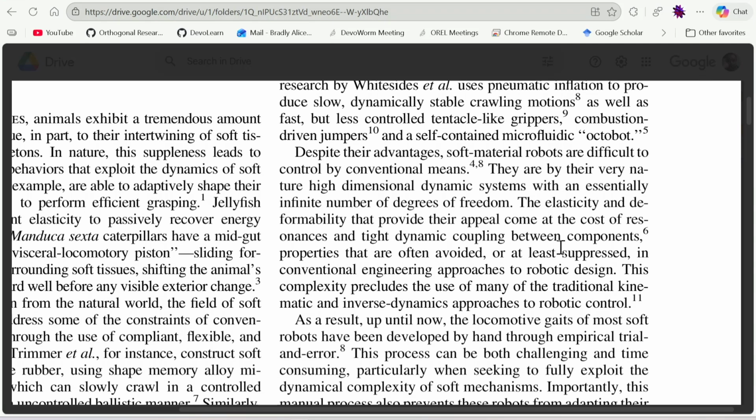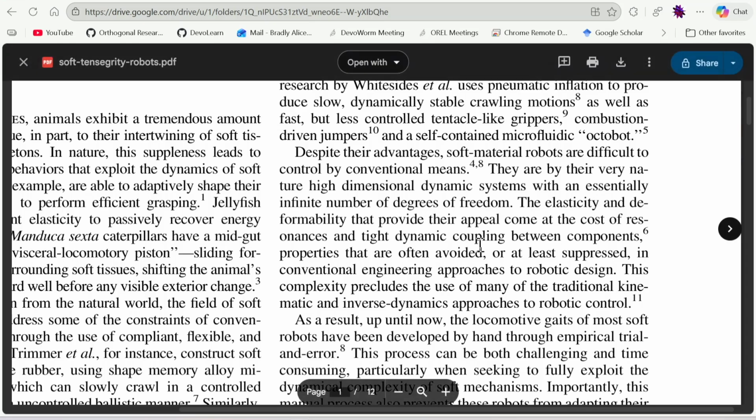They are by their very nature high-dimensional dynamic systems with an essentially infinite number of degrees of freedom. The elasticity and deformability that provide their appeal come at the cost of resonances and tight dynamic coupling between components, properties that are often avoided or at least suppressed in conventional engineering approaches to robotic design.